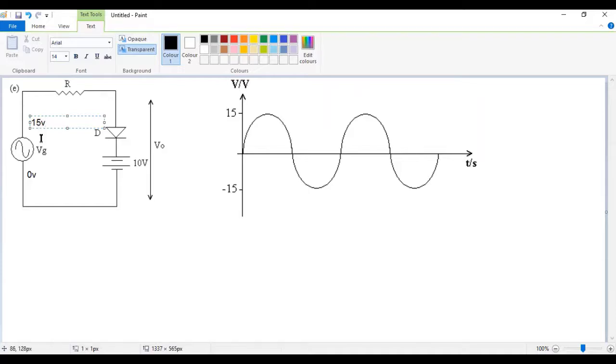That's okay. Now, what happens when your waveform becomes negative? Let's say minus 15 volts. One way you can look at that is to say this line here is becoming 15 volts and the top one is 0 volts, so it reverses polarity. Because below is 15 and on top it's 0, you get minus 15. Another way to look at it is you can put the minus 15 here itself.